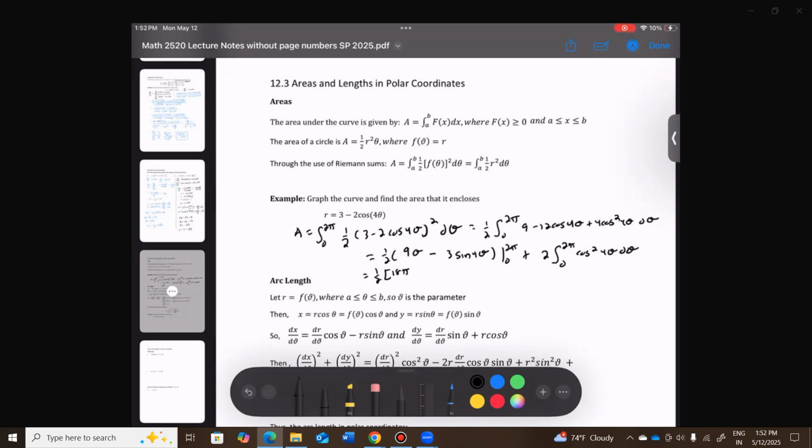Then minus 3 sine of 4 times 2 pi, which is 8 pi, and that is just 0. So minus 0, and then minus 0 and 0 again. So we end up with just 18 pi. Everything else is zeros when we take the limits there. And so this first part ends up being just 9 pi.